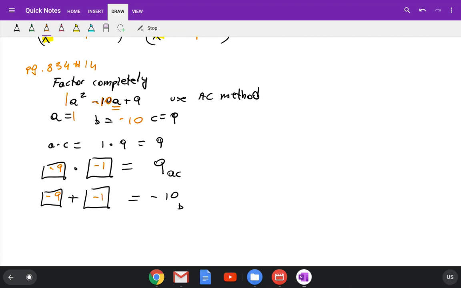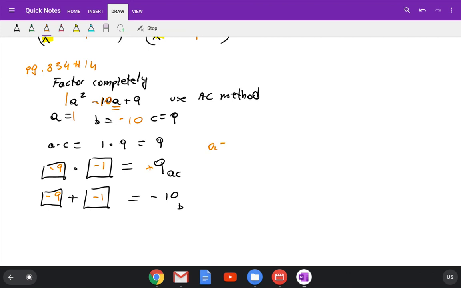How do I quickly know that both will be negative? Because look what happens. C is positive, and B is negative. Since B is negative, both of them have to be negative, okay? And also, when you multiply two negative numbers, that will give you that +9. So we found them. And this is also a nice, easy case.